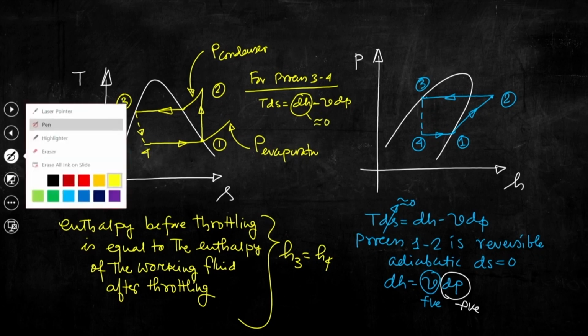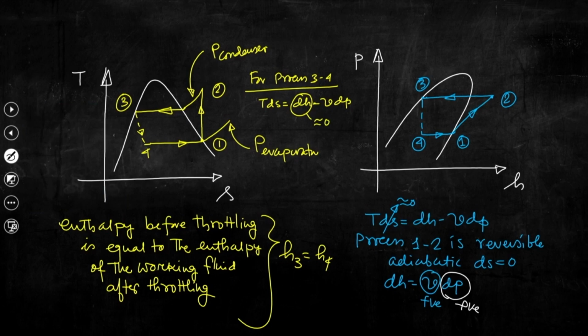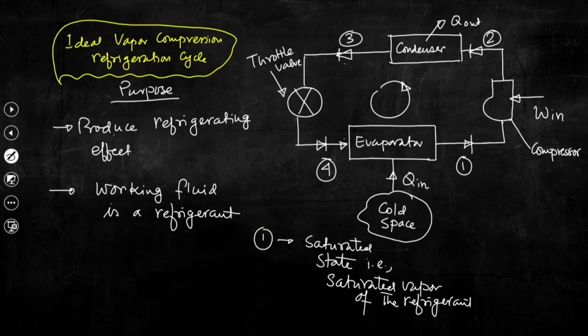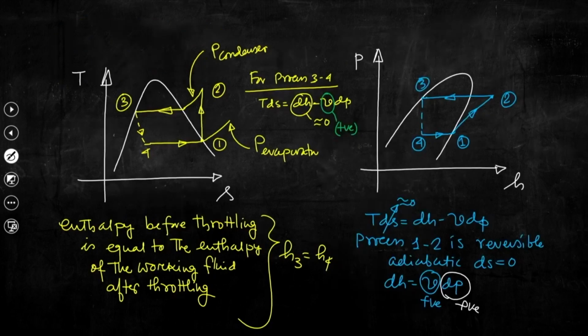What about the other two? V, the specific volume, is always positive. What about dP? This is a throttle valve acting like an expander, so pressure drops in the direction of flow of the refrigerant, then dP is negative. So, this is negative.